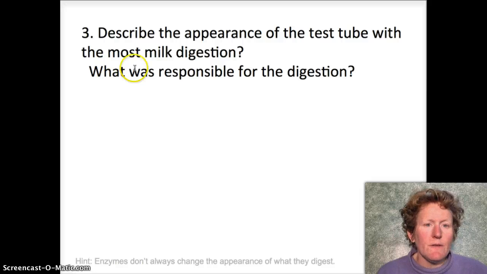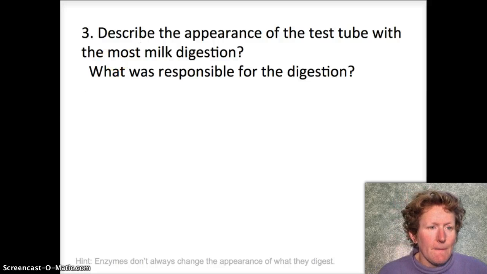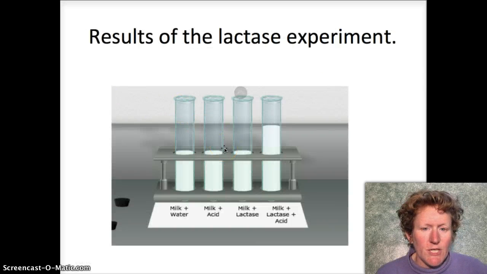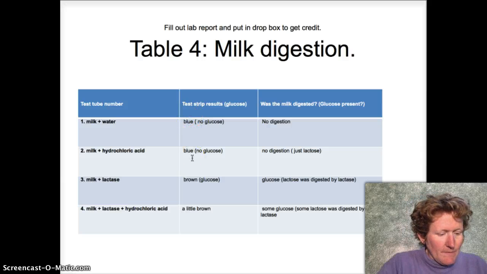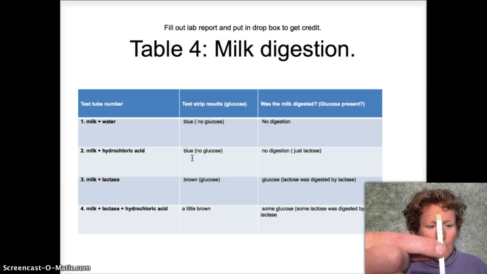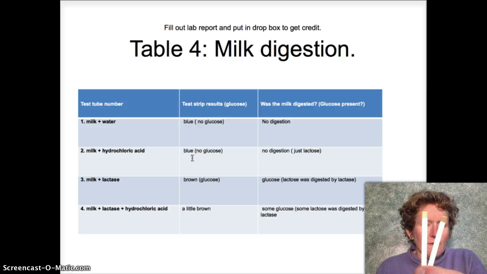So question 3 on your lab sheet says, describe the appearance of the test tube with the most milk digestion. What was responsible for the digestion? Well, let's go back up to the lab results here. I took a screenshot, and this is what shows the lab. It doesn't really look any different. The test tubes with lactase don't look any different, except when you use these detector strips. So that's what you have to pay attention to when you're looking for the digestion or the breakup of lactose.